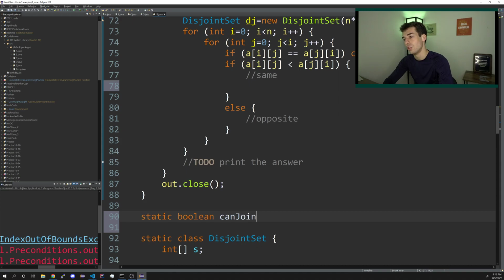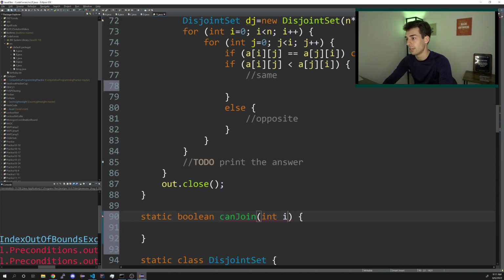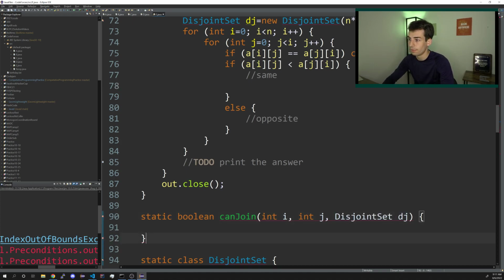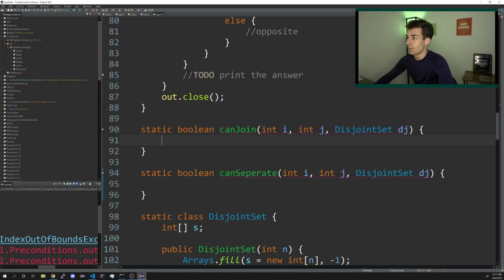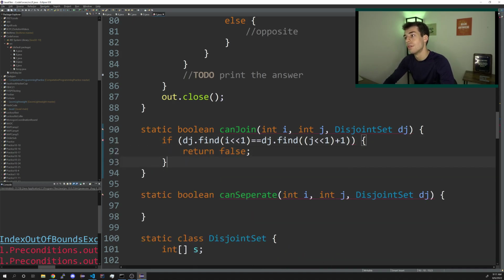Static boolean canJoin, int i, int j, disjoint set dj, and then canSeparate. Okay, so if dj.find(i left shift 1) equals dj.find(j left shift 1 plus 1), return false.